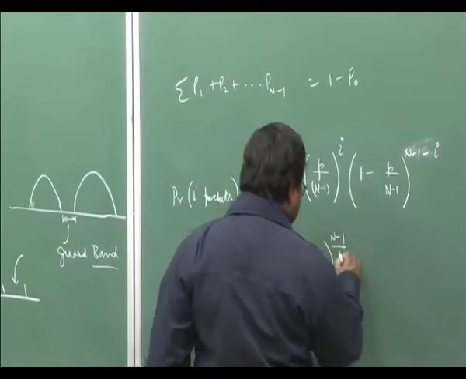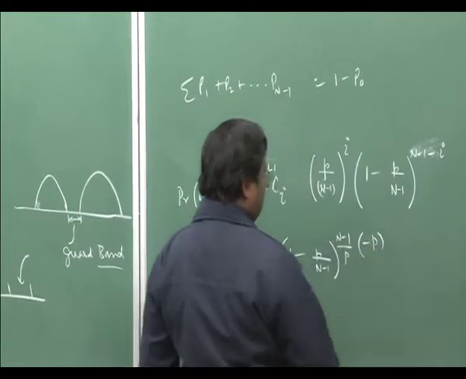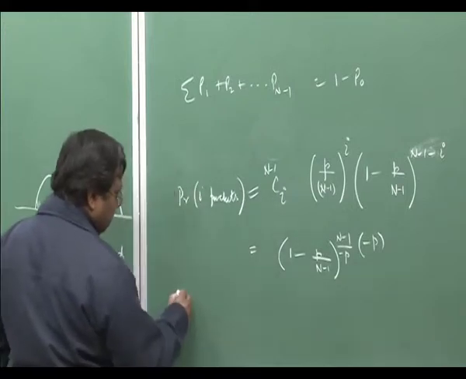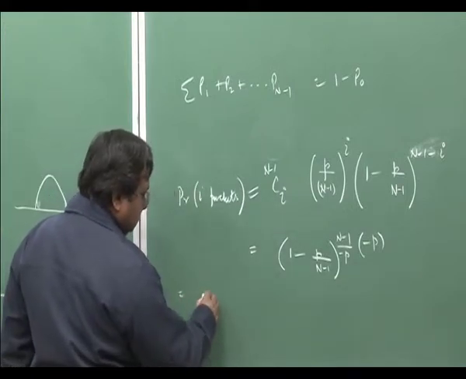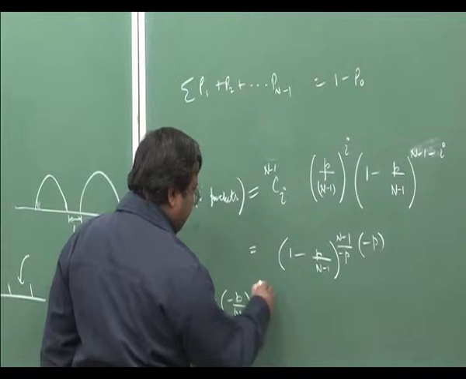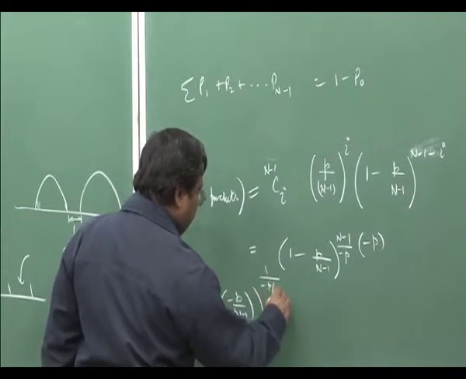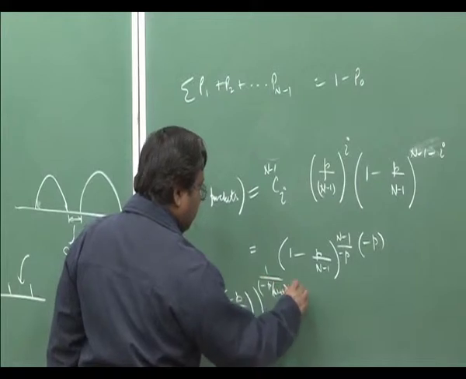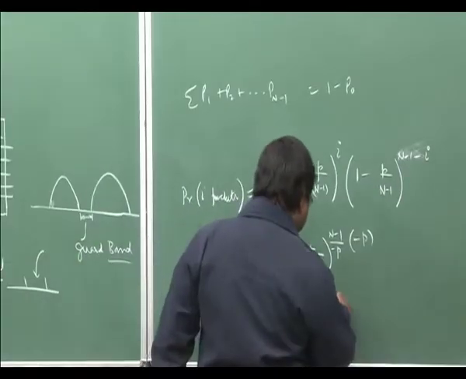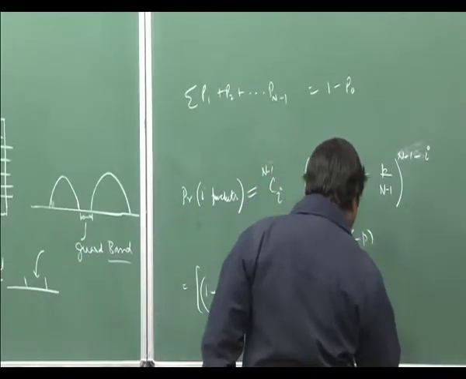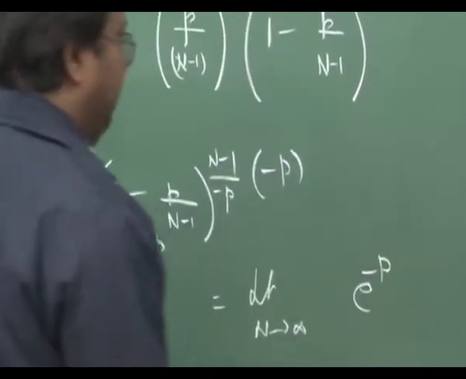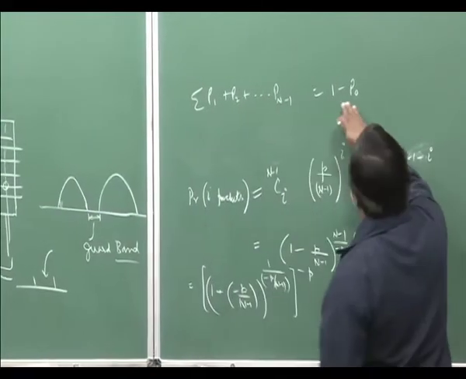So I can divide this by P, minus P and minus P, and this in the limit when n goes to infinity will become e raised to power minus P. So I want 1 minus P0 to be estimated.